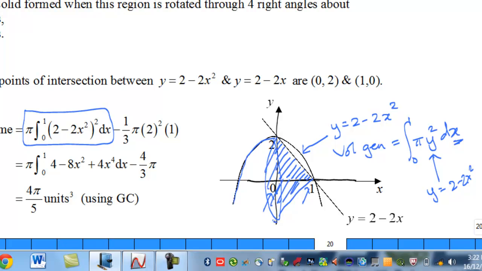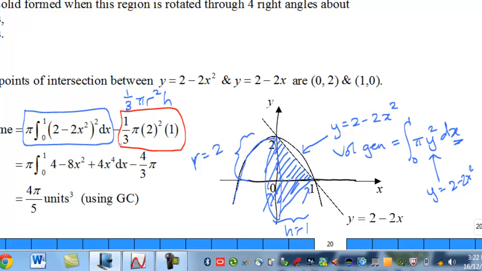For this cone, the height equals 1. The radius of the cone is over here. Radius equals 2. So for a cone, we know the volume is 1/3 pi r squared h, and that gives us the volume that I'm boxing out in red now.